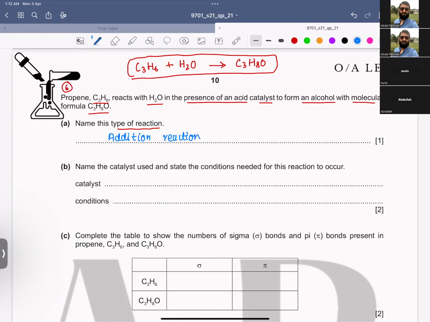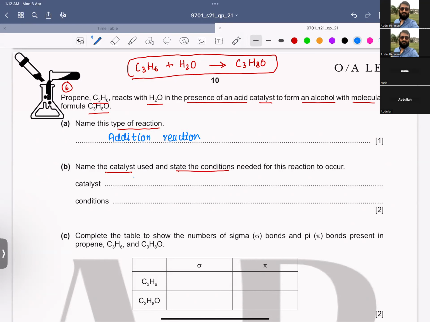Now, name the catalyst used and state conditions needed for this reaction to occur. So, platinum, nickel? No. Platinum nickel is when hydrogen reacts with an alkene. When water reacts with an alkene, it's an acid catalyst.